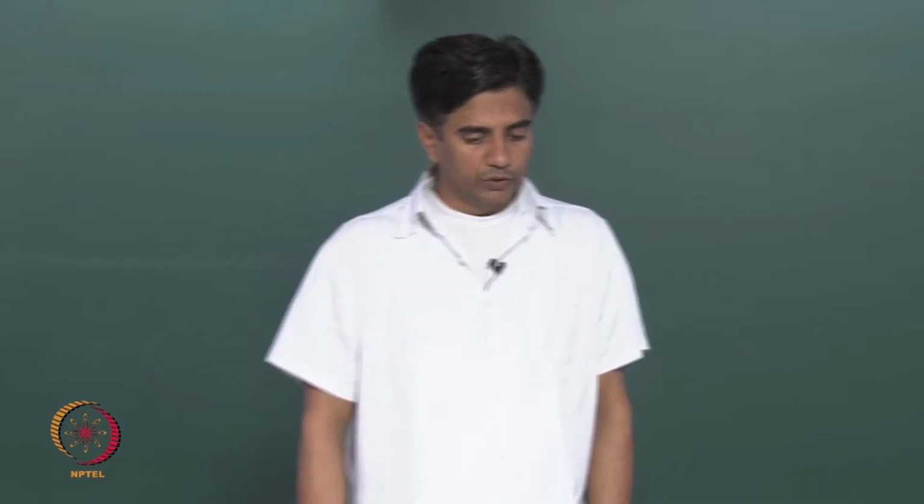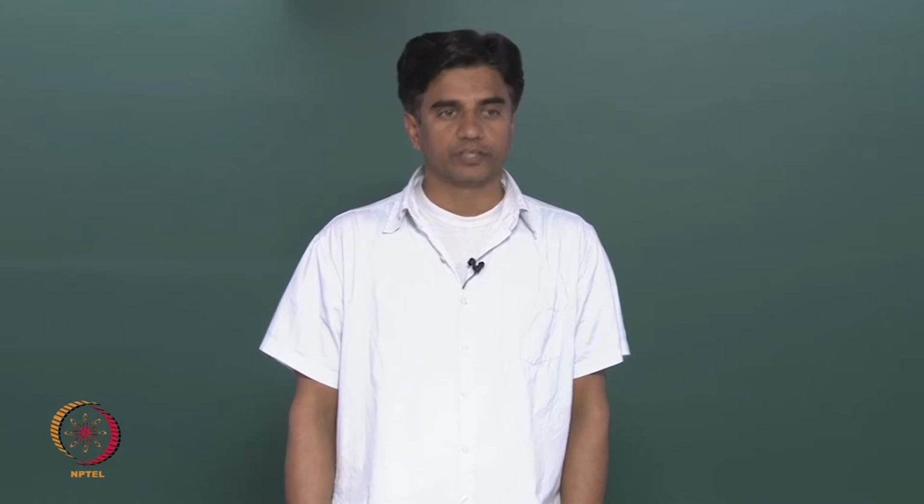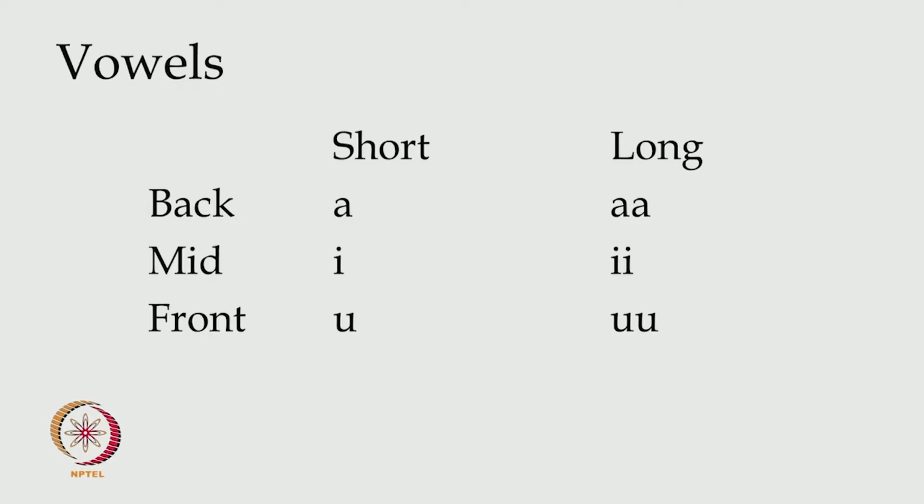While looking at manners of articulation of vowels, we have seen that there are only two ways that we look at it, particularly the ones that I have shown you so far.